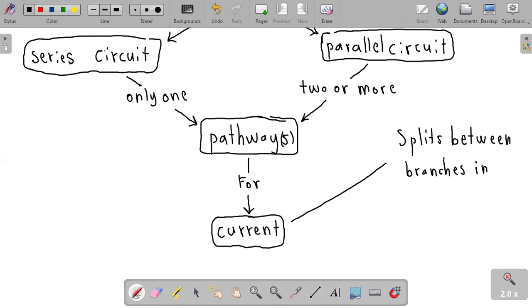And so current is the same everywhere in a series circuit.